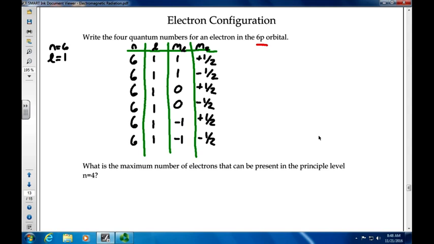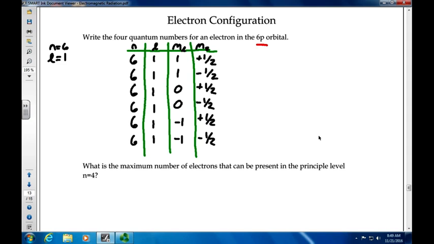And that'll show up later on when we're talking about Hund's rule. But the other thing to consider here is there's a reason why we don't write 6, 1, 1, plus 1/2 twice. And the reason we know specifically that there's only going to be 6 is because of the Pauli exclusion principle, which states that no 2 electrons can have the same 4 quantum numbers in an atom.